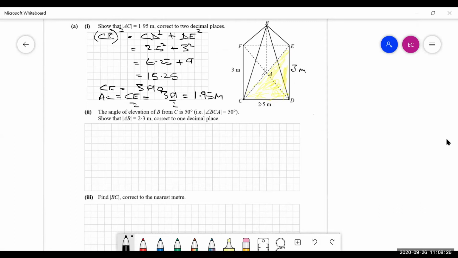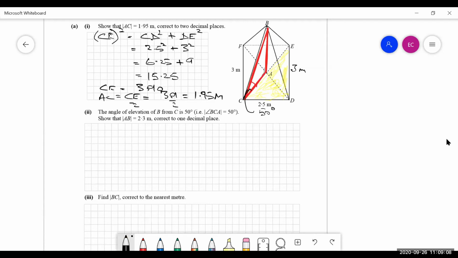So again, we should mark out the triangle we're interested in. So this triangle here, so that did it well for me there, marking it out. And we've been told here that this is 50 degrees.